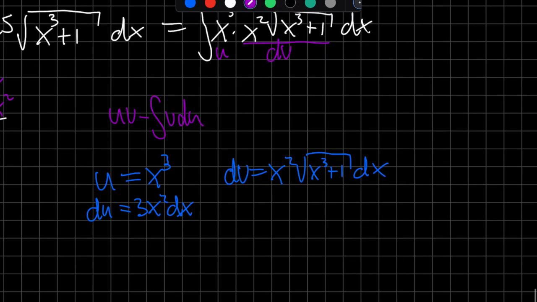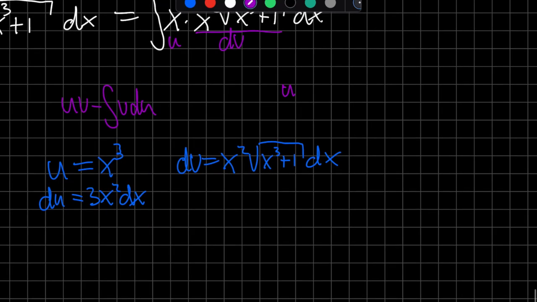So if we do a quick little u-sub right here, I'll do a different variable, t equals x cubed plus 1. dt is going to be 3x squared dx, right? And look, we have an x squared here. If we solve for dx, we get dt over 3x squared equals dx.